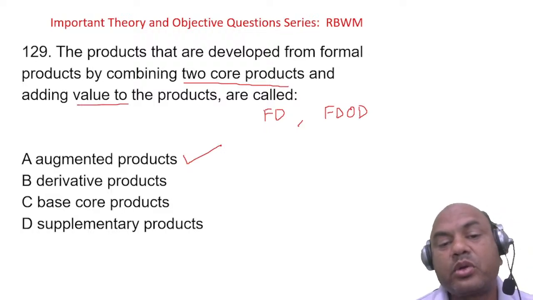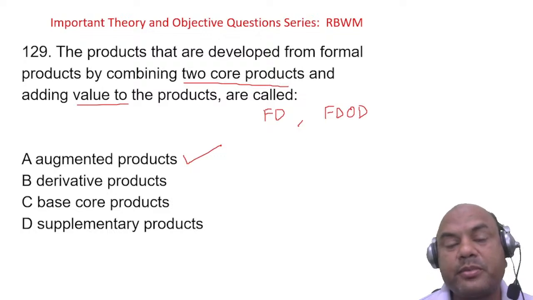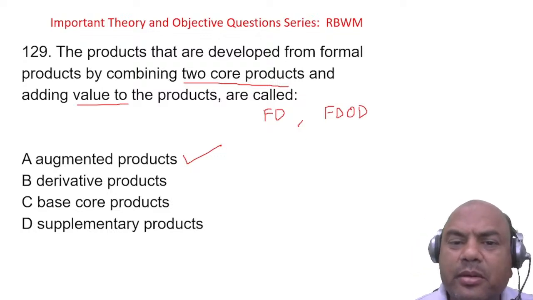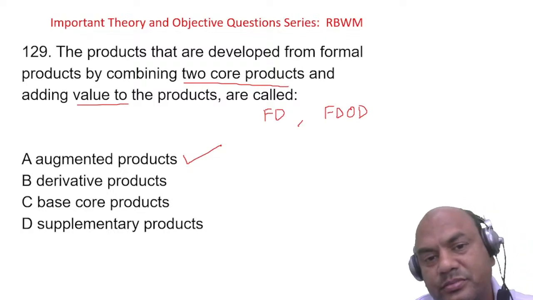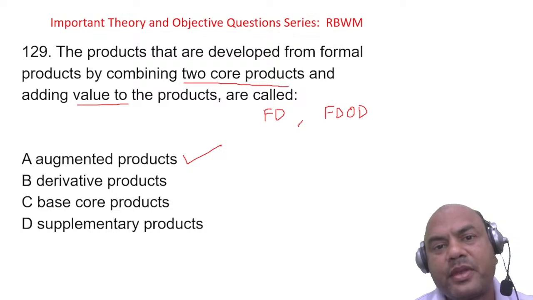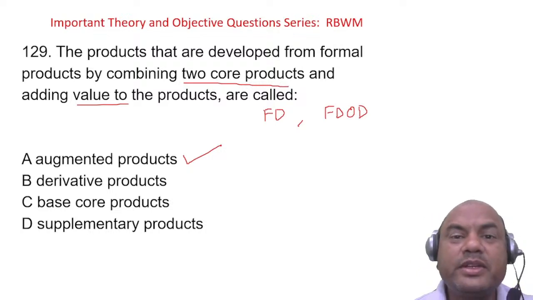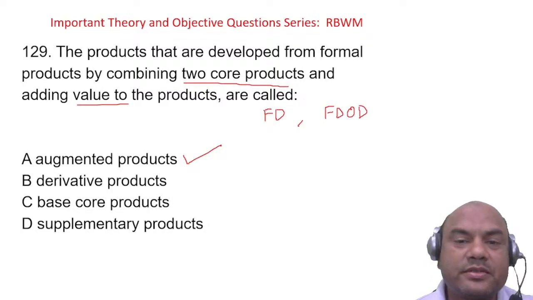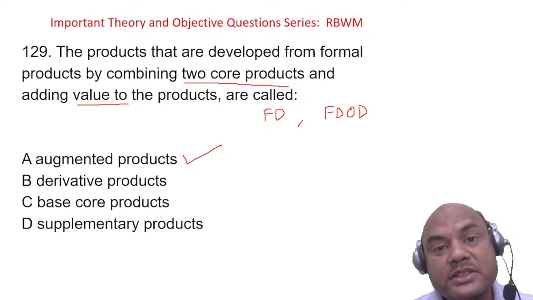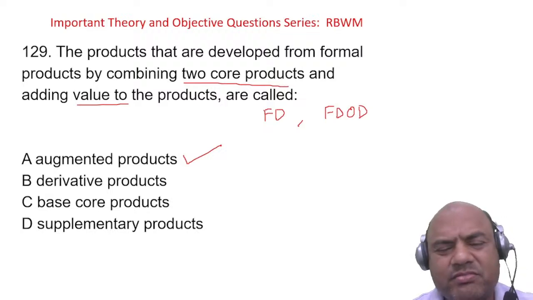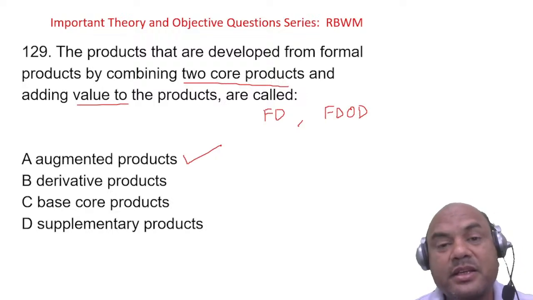Everyone, type any two core products which have been combined to form a third one. I'll give you one more. Savings accounts nowadays have been combined with health insurance policies. Health insurance is given free on the savings account. Why? Because of competition, of course.